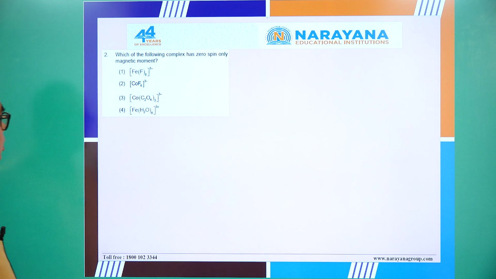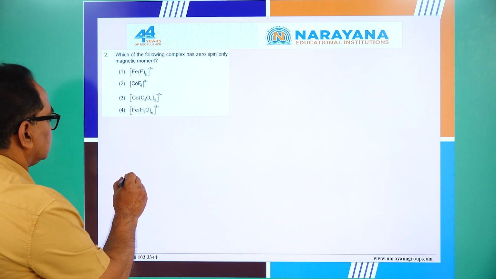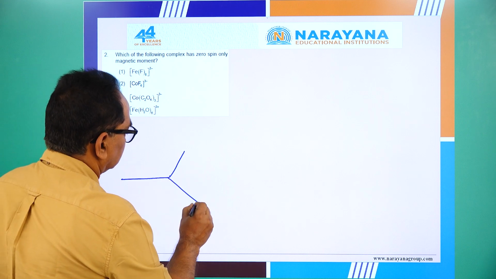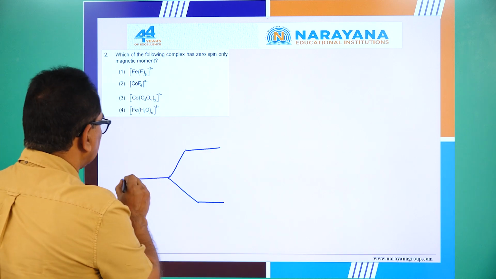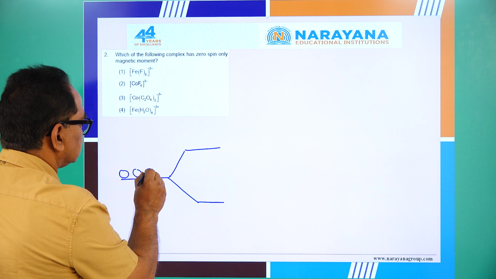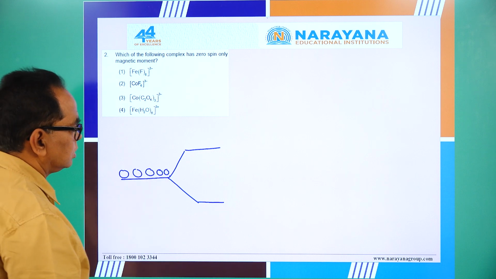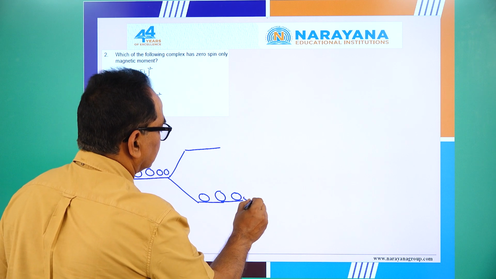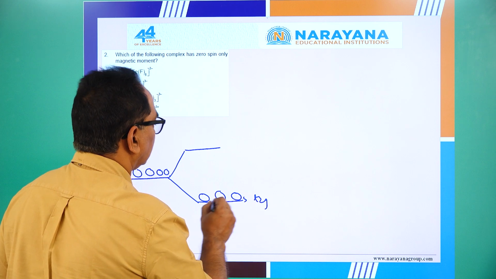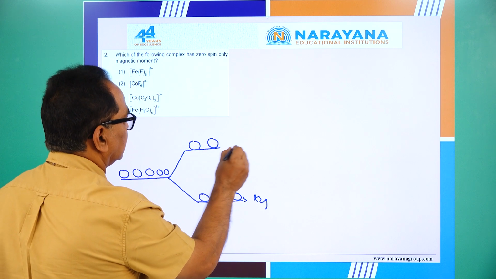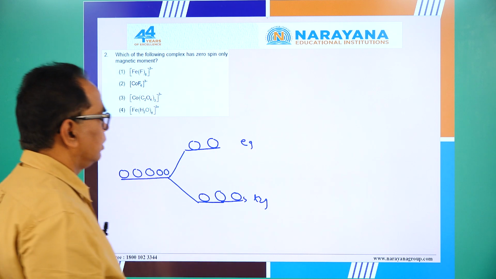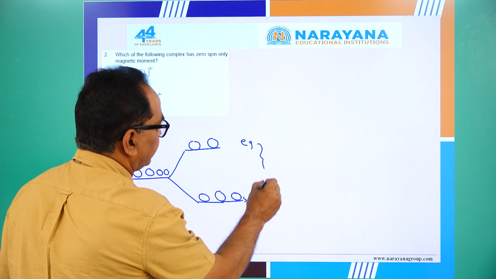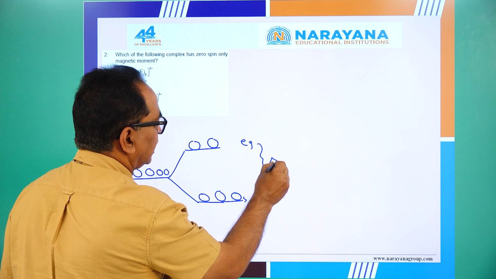In crystal field theory, the degenerate orbitals are split in an octahedral complex. We get two sets of orbitals, which are t2g and eg orbitals. The energy difference between these two sets of orbitals is known as delta O.